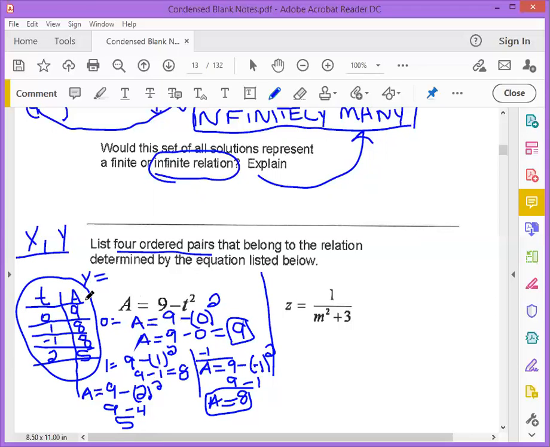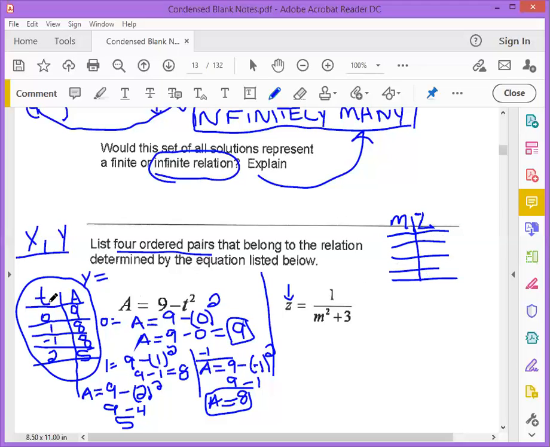And now we will perform similar steps for the second relationship. We have z equals 1 over m squared plus 3. Again, the letter that's to the left goes on the right side of our table. So we'll put our z on the right and our m on the left. And we're going to just substitute 4 values for m.